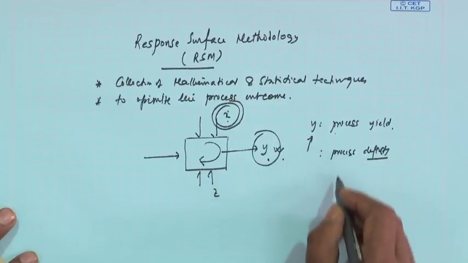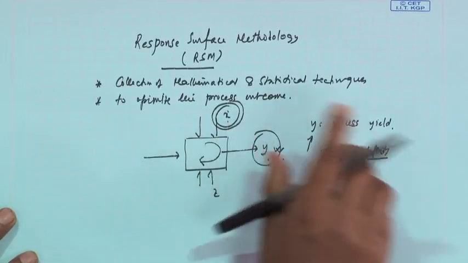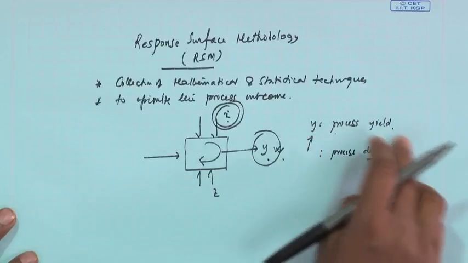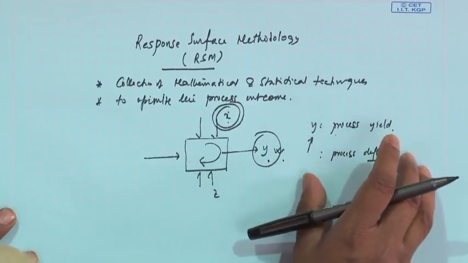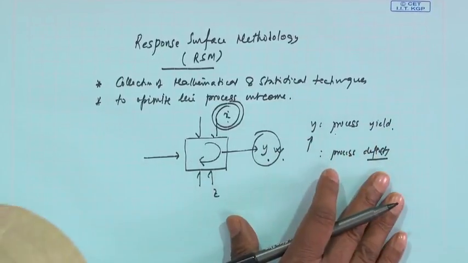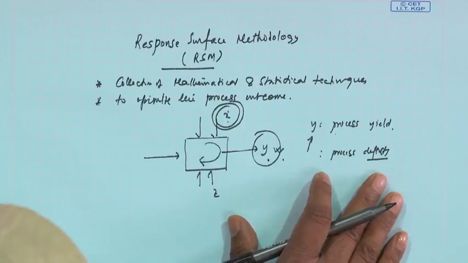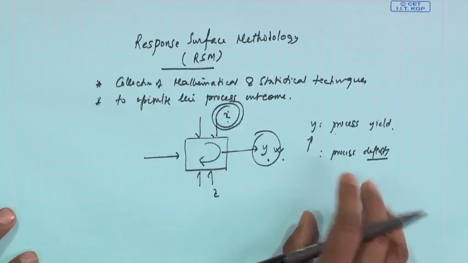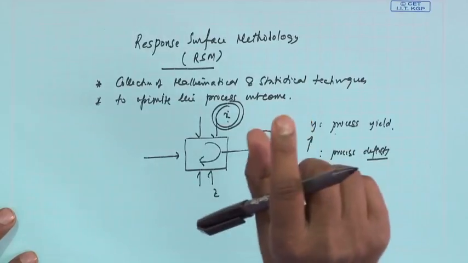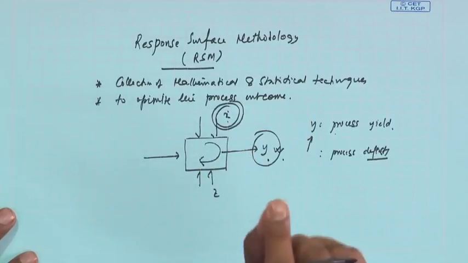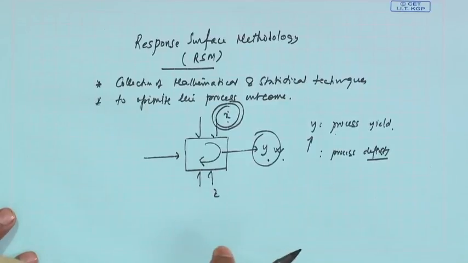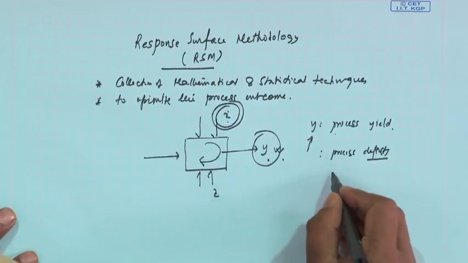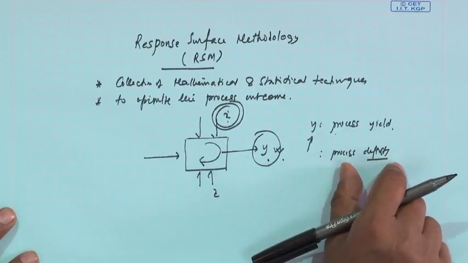You want to set x in such a manner that the amount or severity of defect will be at the minimum level. Suppose you are conducting an experiment and you want the impurity level in a particular product to be the minimum. That time it is basically a minimization case.